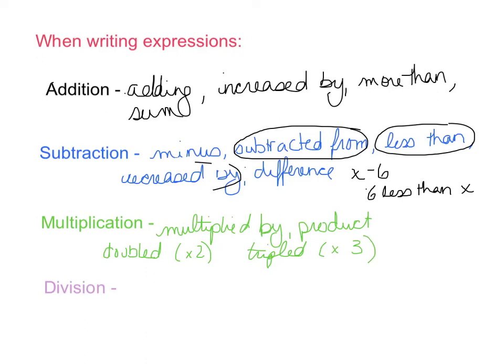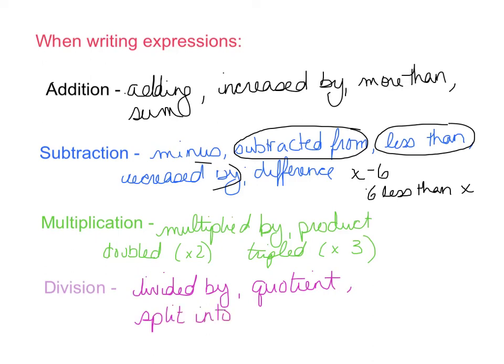And then for division, division is divided by. It's the quotient. It could also be split into. So for example, if I talk about 20 kids split into 5 groups, you do 20 divided by 5 to get 4 people per group.